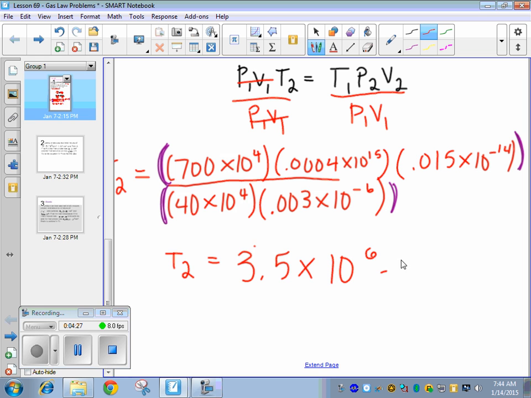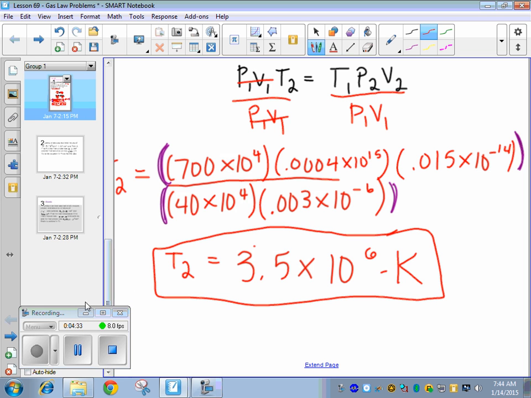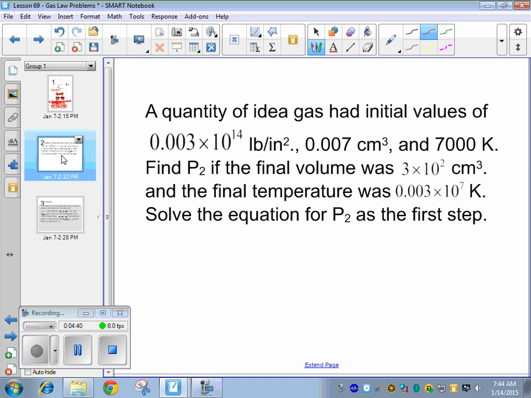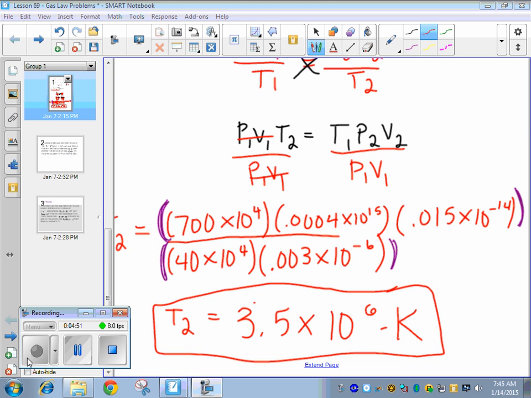We're doing temperature, so that was in kelvins for this problem. Let's try that. Should be 6. Should be 6. You got it there?